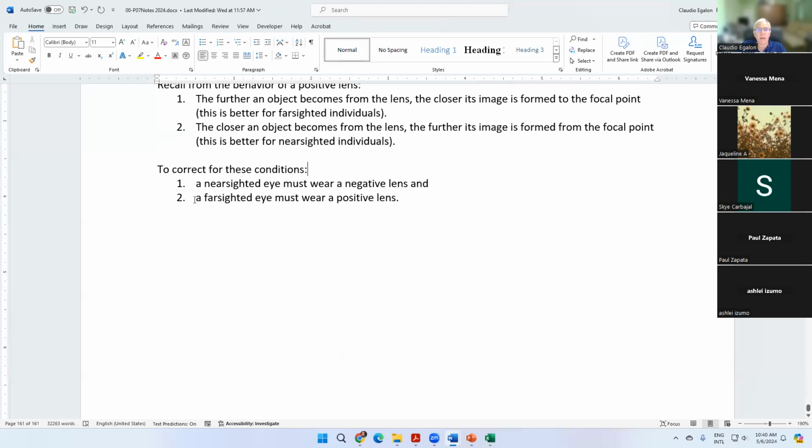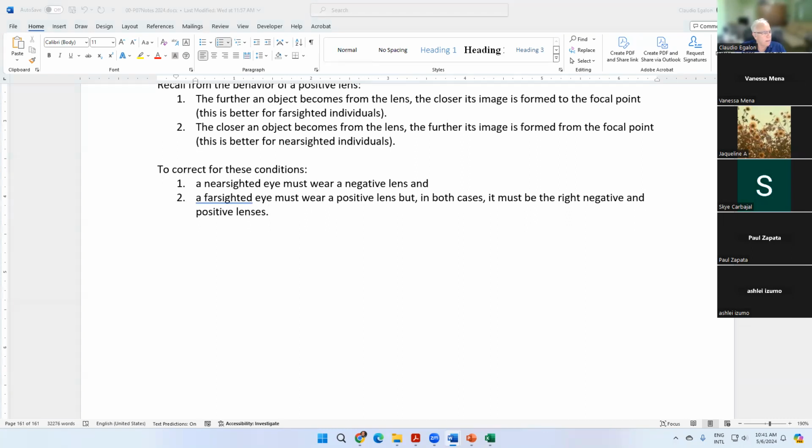To correct for this condition, a nearsighted eye must wear a negative lens, and a farsighted eye must wear a positive lens. But don't forget, in both cases, it must be the right negative and positive lenses.